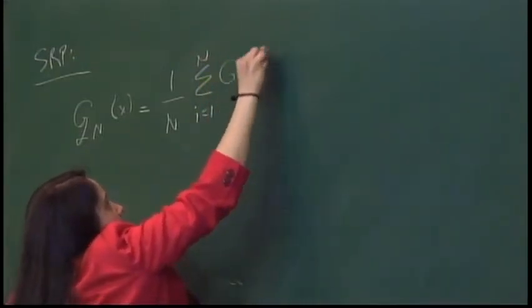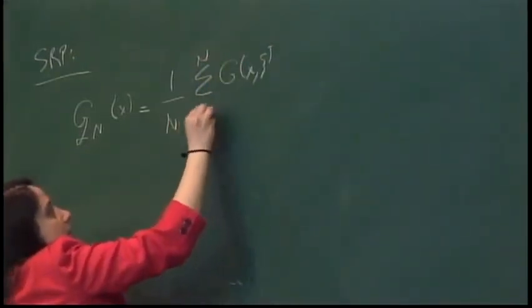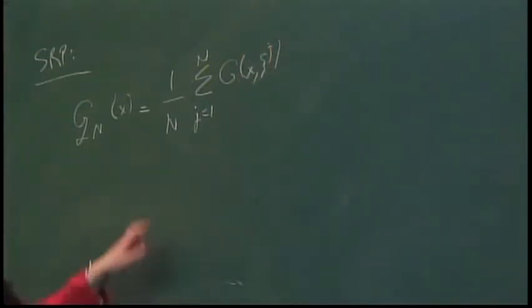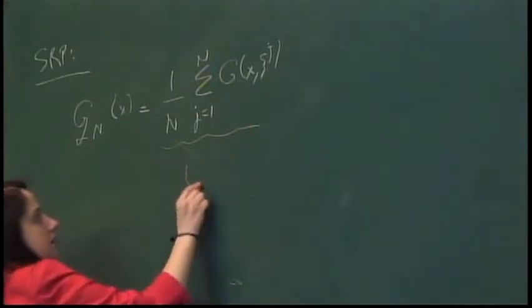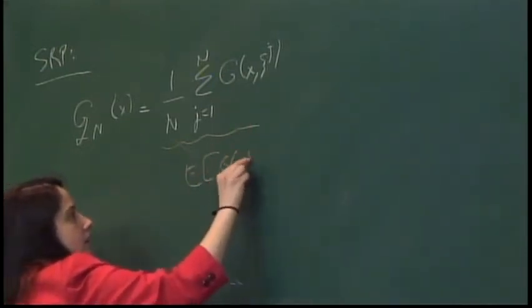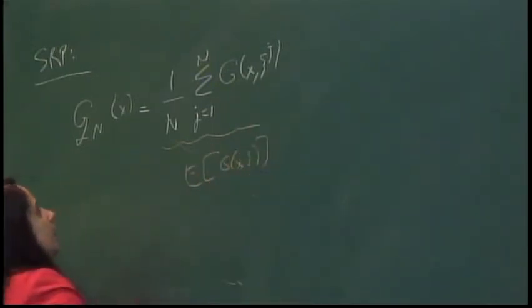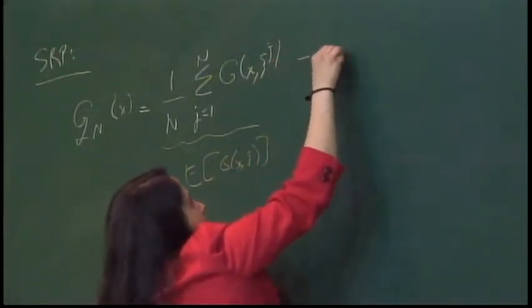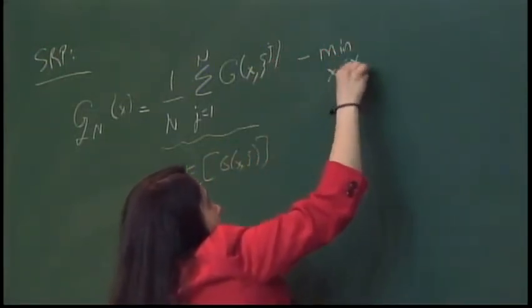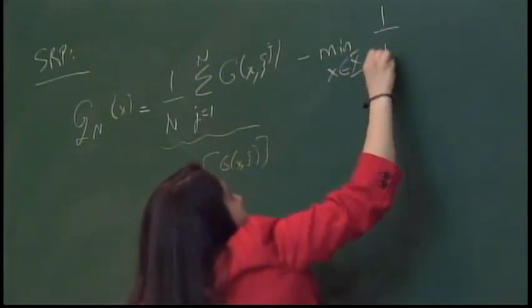I look at these estimates, let's use the J here. This is my sample mean. This is going to estimate on average this quantity, and then I subtract its minimized version.